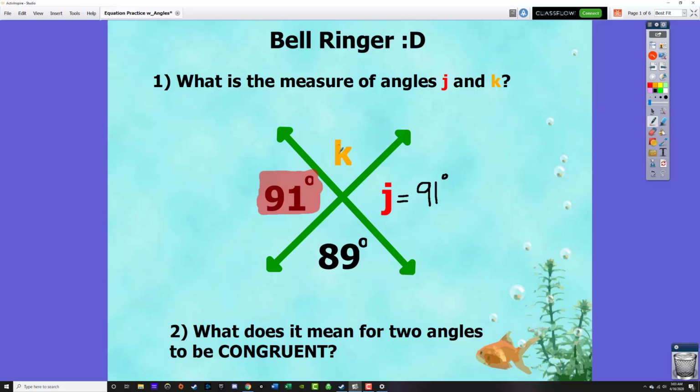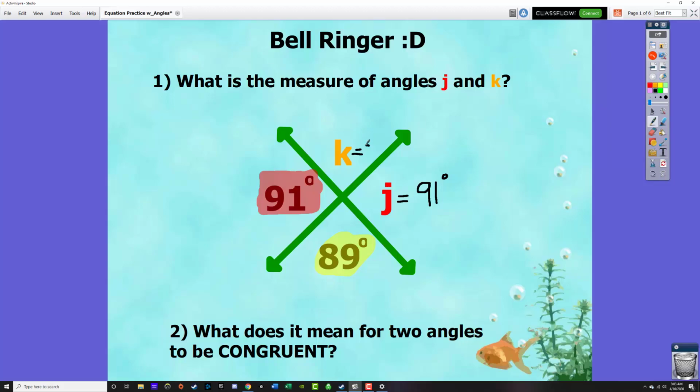And then angle K and this angle that we are told is equal to 89 degrees are also vertical, or opposite, which means that the angle opposite of it is also equal to 89 degrees.